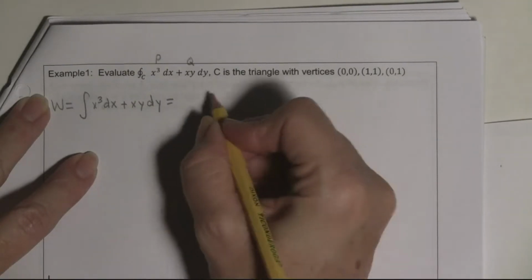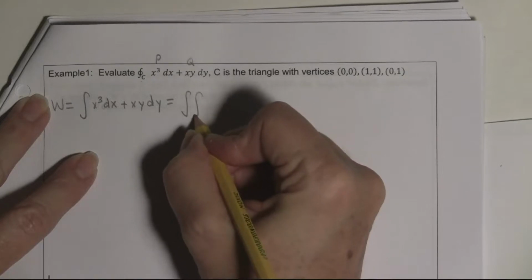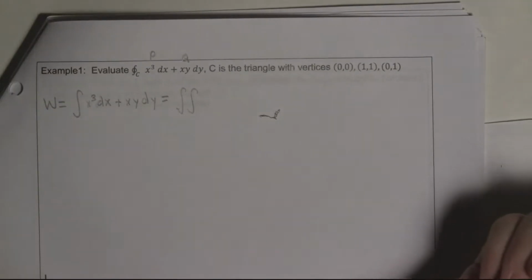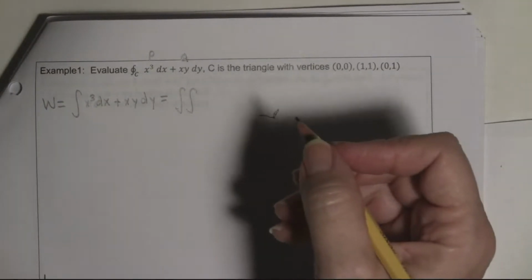So this is going to be equal to the double integral, according to Green's theorem, over the region.